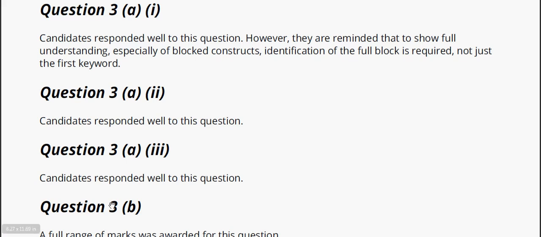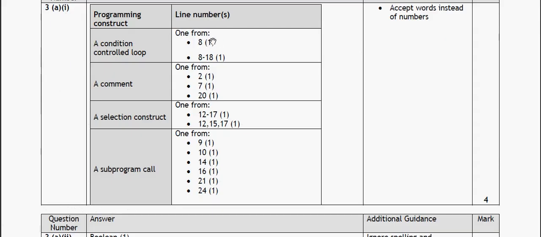So I would expect that in the future, remember this was the first time round, that they won't be giving that, and in fact they didn't give it for the selection, so I'm not entirely sure why they gave it for the while. Comments there, and then you see there were actually 1, 2, 3, 4, 5, 6 subprogram calls. So that is question 3A, your programming construct.